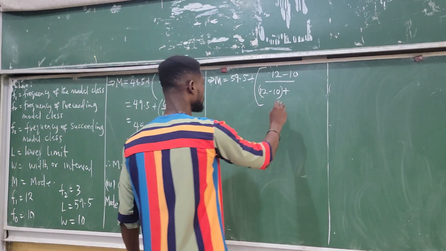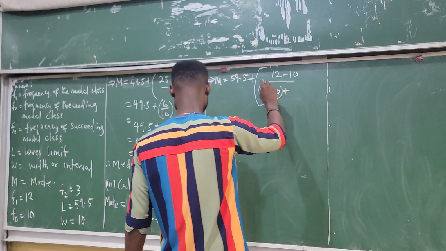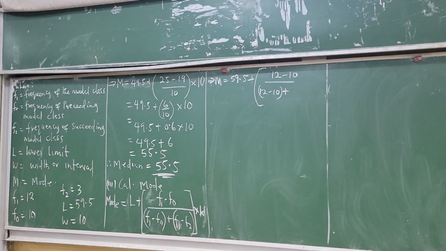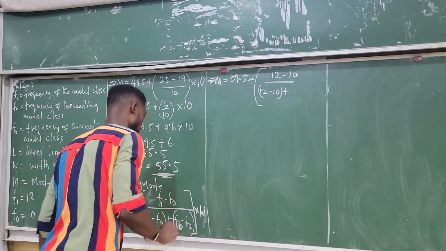So 12 minus 2, okay, that's F0 minus F2.